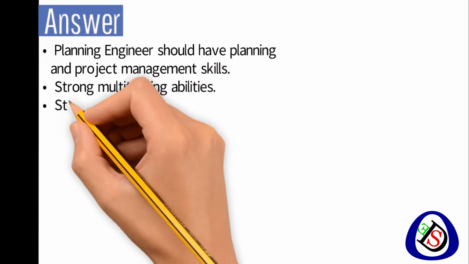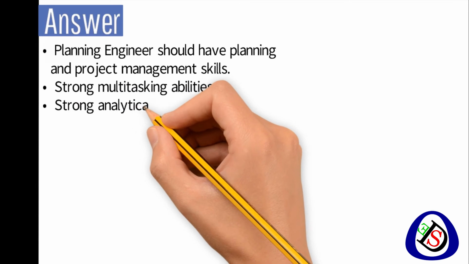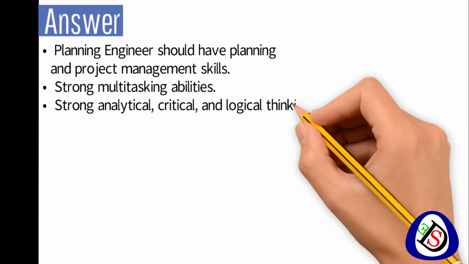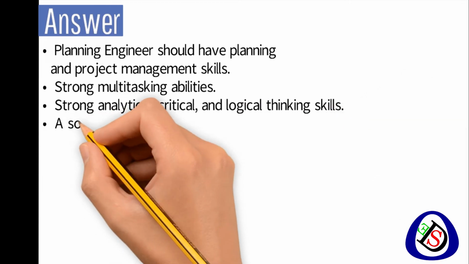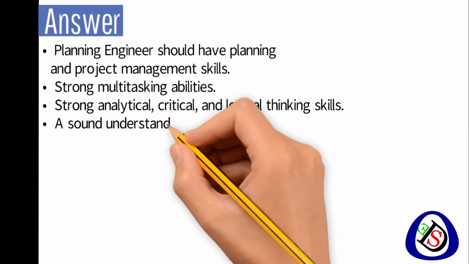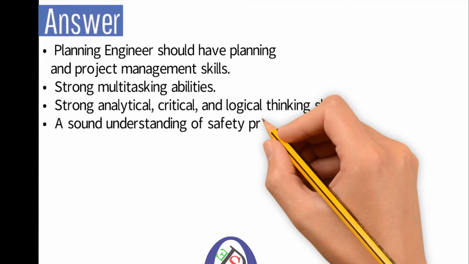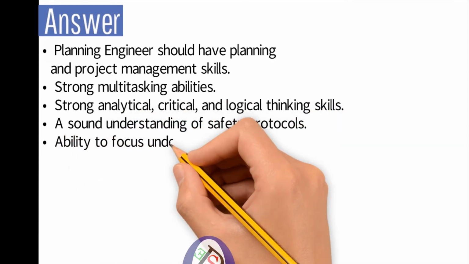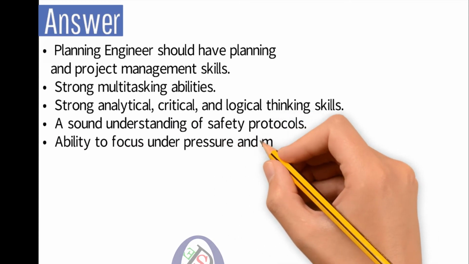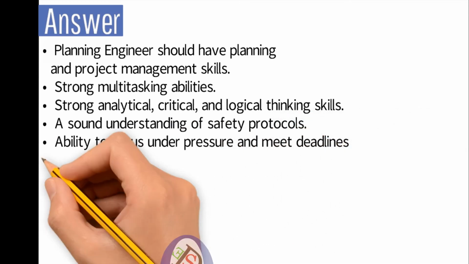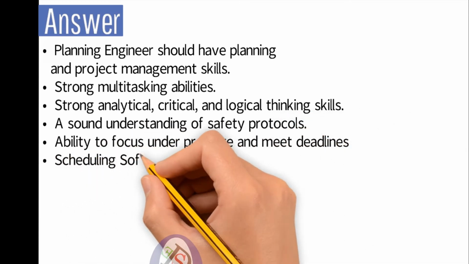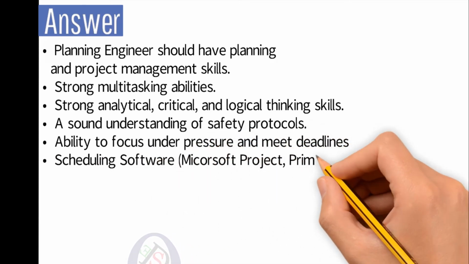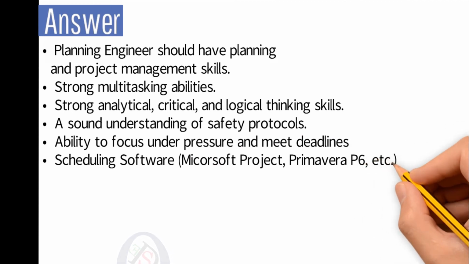Number 3, strong analytical, critical, and logical thinking skills. Number 4, a sound understanding of safety protocols. Number 5, ability to focus under pressure and meet deadlines. Number 6, scheduling software like Microsoft Project, Primavera P6, etc.